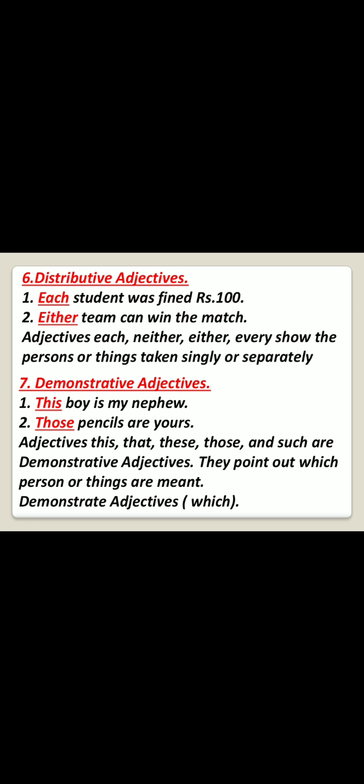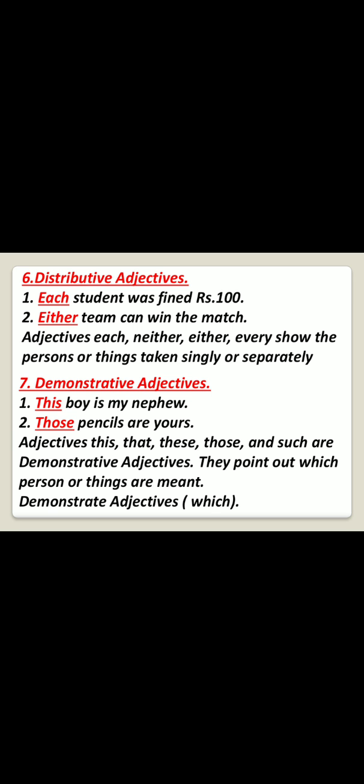So, here each and either are distributive adjectives. Adjectives each, neither, either, every show that the persons or things are taken singly or separately. So, it is called distributive adjectives.